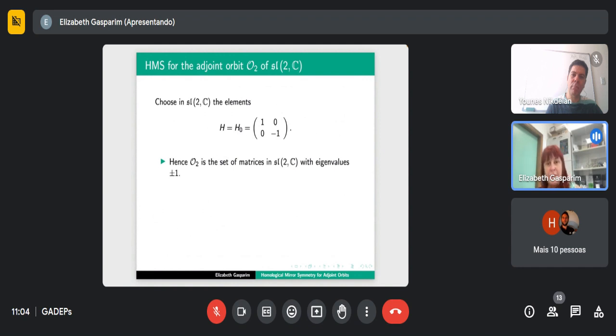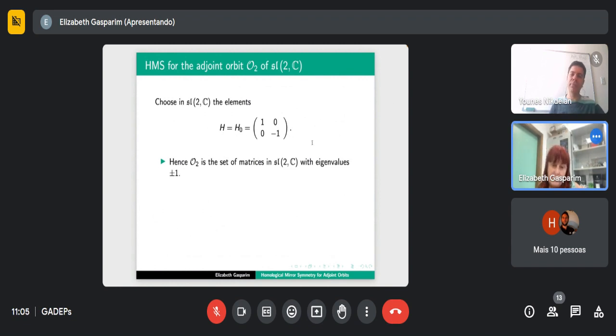Now we go to the actual example, and it will be related to the illustration I just did. So let's do the simplest possible example, that is SL2. I take the orbit of this 1 and -1 element, and I take the H to be this as well.